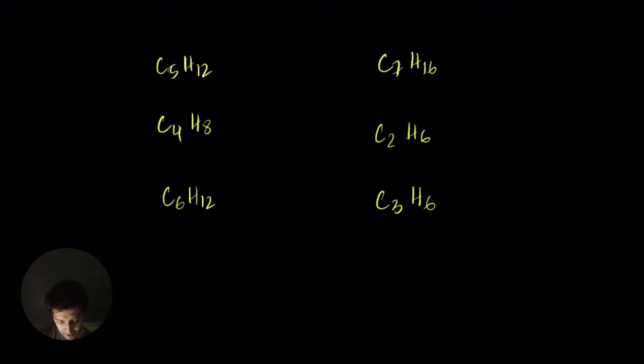Which of these are alkanes? Now, some might end up drawing it, but there's an easier way. You just see if it's matching its general formula. Alkanes follow a general formula.